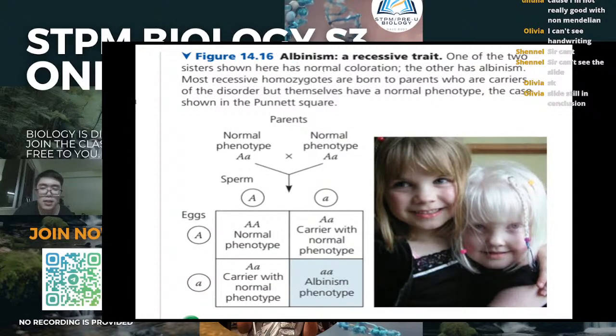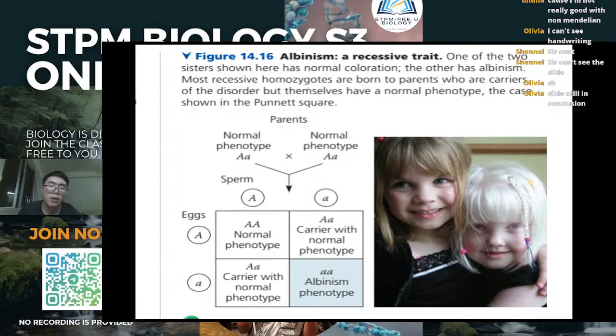And another example in humans is albinism disease. Although it does not directly cause death, if a person has this disease, normally they cannot survive very long. The lifespan of this human is very short. Most recessive homozygotes are born to parents who are carriers.